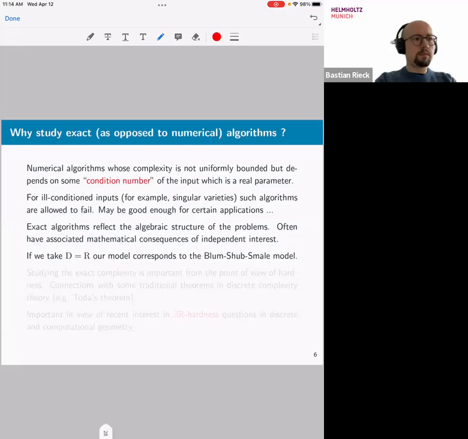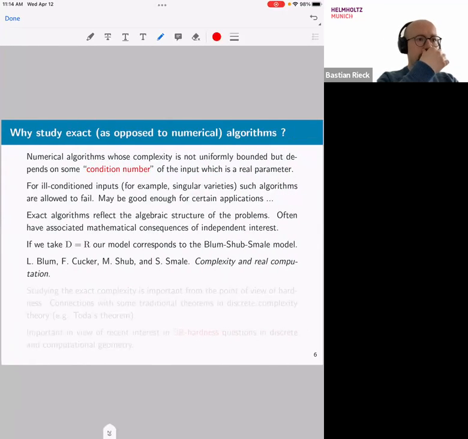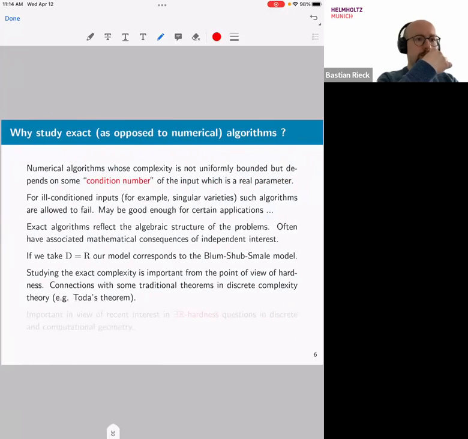Also, studying exact complexity is important from the point of view of complexity theory. There are some connections with discrete classical complexity theory, for example, Toda's theorem, and the kind of complexity that I'm going to be discussing today.